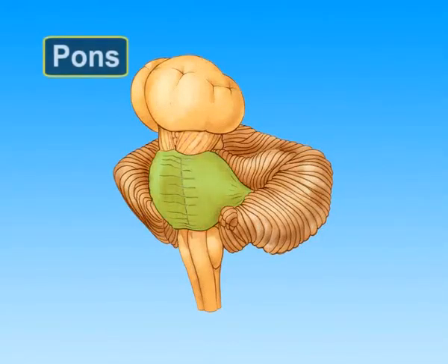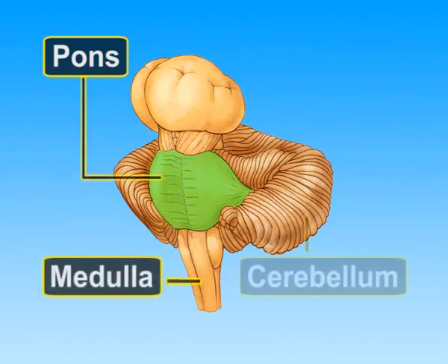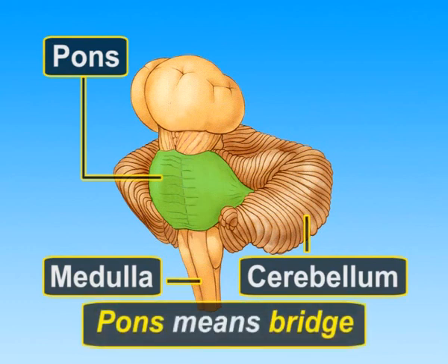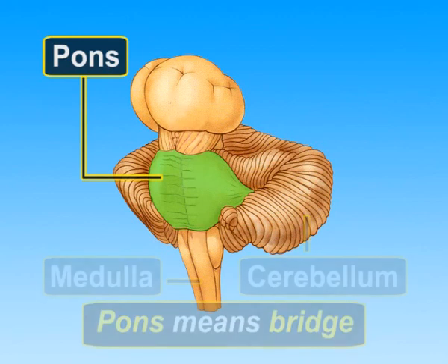The pons is a broad, horseshoe-shaped mass of transverse nerve fibers that connects the medulla with the cerebellum. In Latin language, pons means bridge. The pons forms a very small part of the brain.